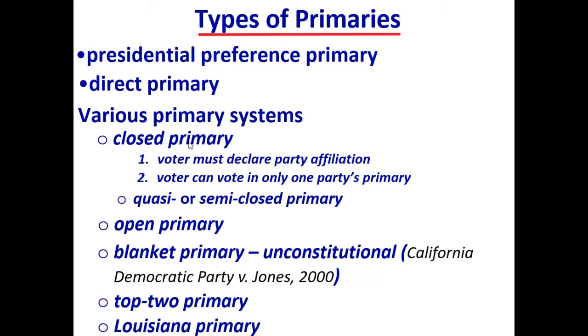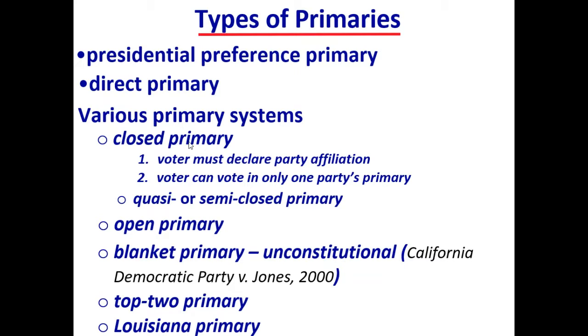And it's because those two basic criteria for a closed primary are satisfied in Texas in one way or another. Okay? Again, I'm sorry, I don't remember how much we said about this last time, and if I'm repeating myself, I apologize.